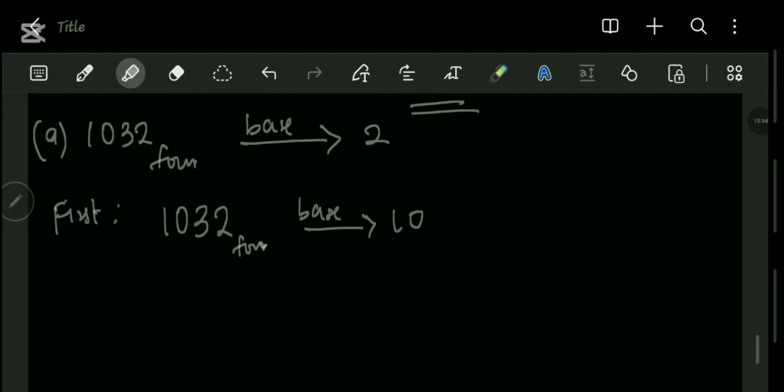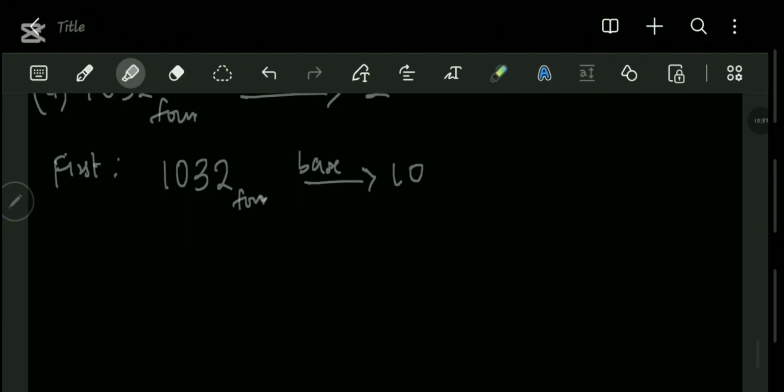And how do we convert numbers to base 10? We said we multiply each of the digits by the old base. So I'm having 1 times 4, plus 0 times 4, plus 3 times 4, plus 2 times 4.